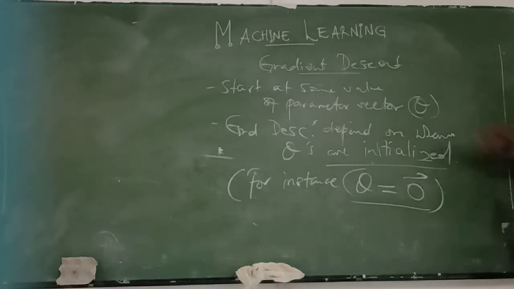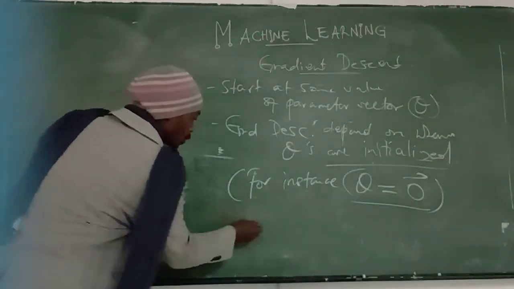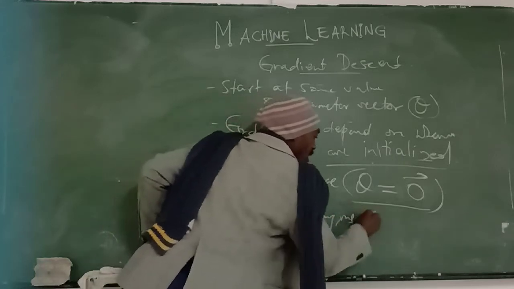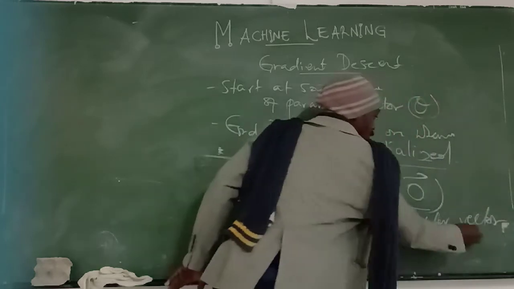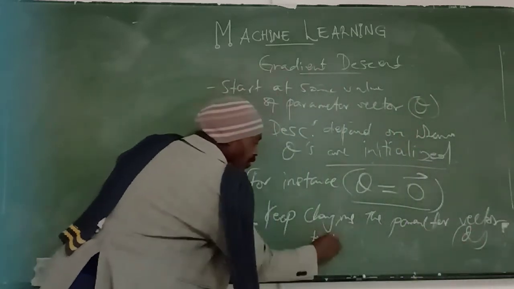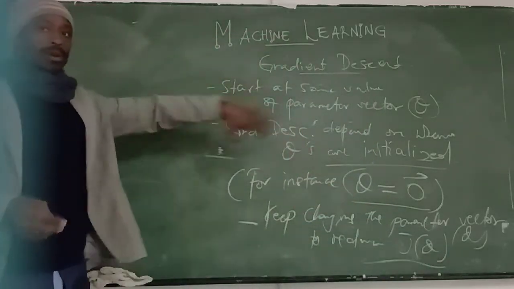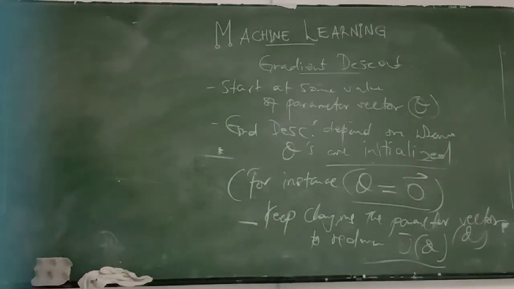Then we will keep changing the parameter vector theta to reduce J of theta. That's the basic idea.